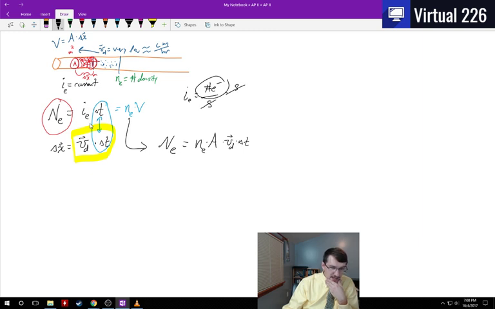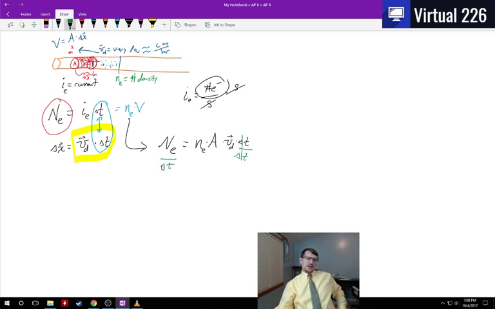This means then that if we take the number of electrons and divide out time, the number of electrons divided by some amount of time, isn't this just the current?